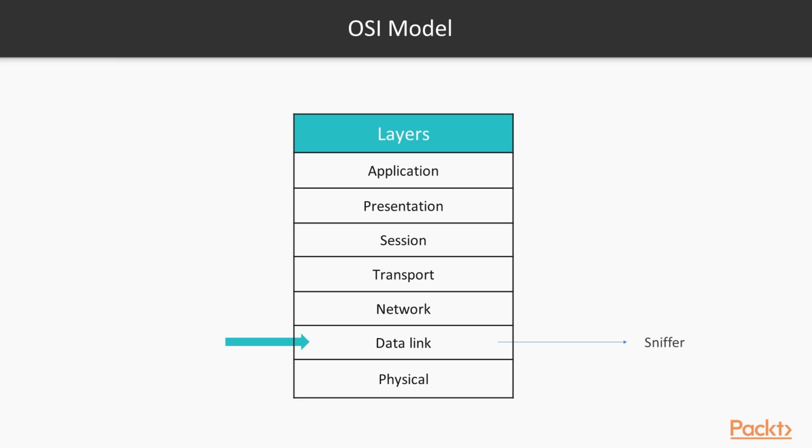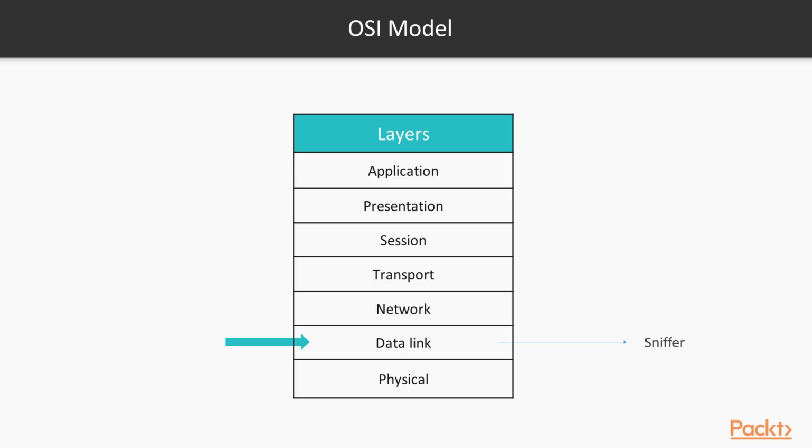If I want to transfer packets from one point to another, I first need to make a connection between these two networks or points, and then I can simply transfer the packets. The physical layer starts the establishment, and the data link layer maintains that establishment.